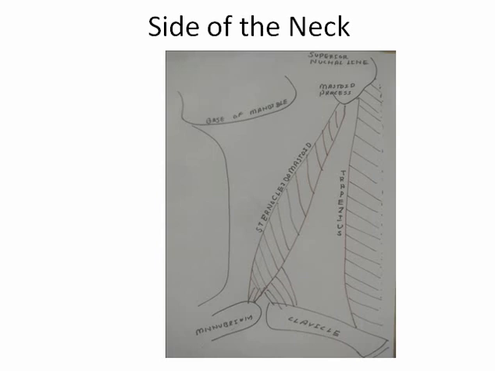This is the upper boundary of the side of the neck. Inferiorly, the neck is bounded by the clavicle in its entire extent up to the tip of the acromion and from the manubrium sterni. Anteriorly, the anterior median line bounds the side of the neck, while posteriorly the neck is bounded by the trapezius muscle.